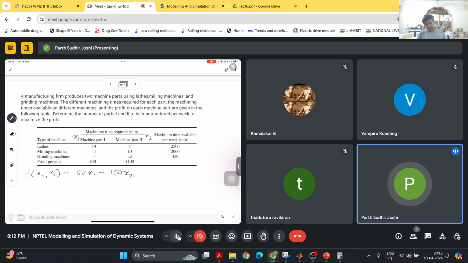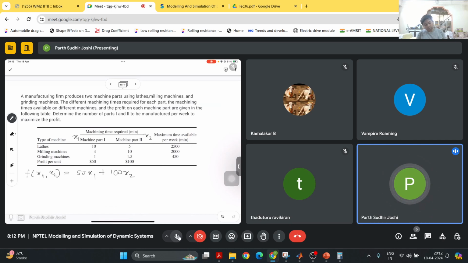Now the next step is to identify the constraints on x1 and x2. If there were no constraints on the maximum time available per week for each machine, it would be an infinite number of x1 and x2 items, but that is not generally the case in reality.